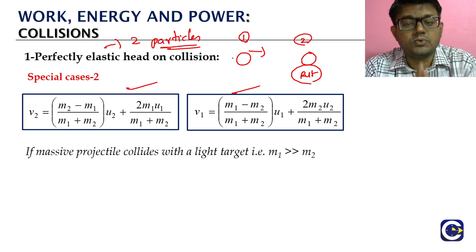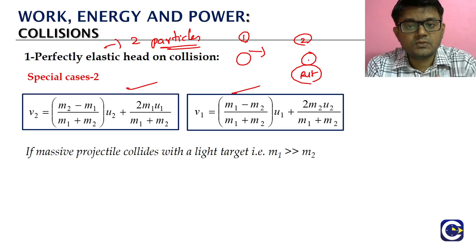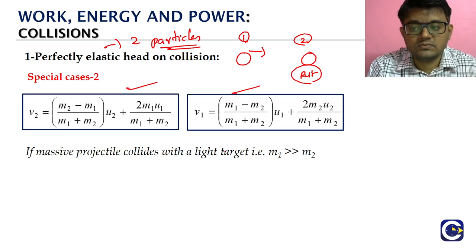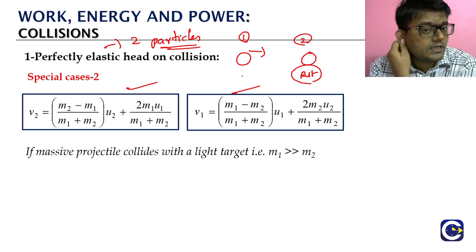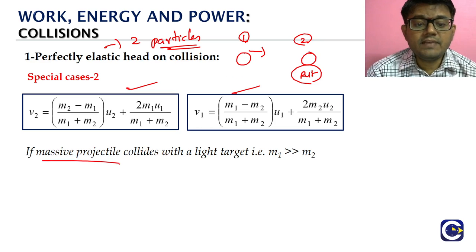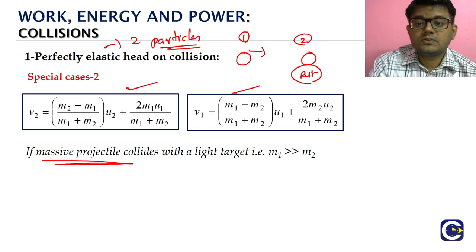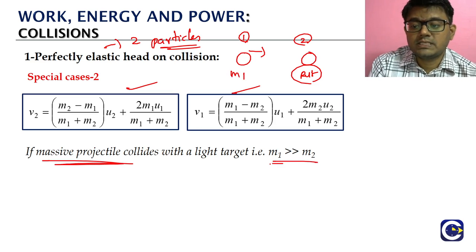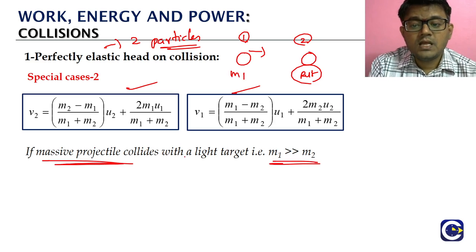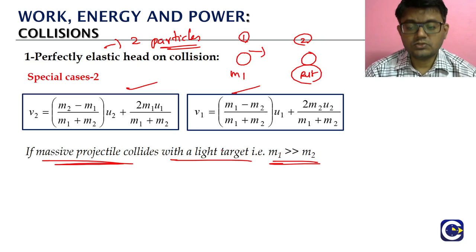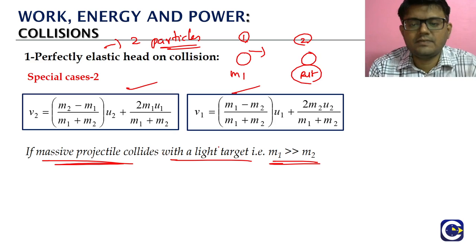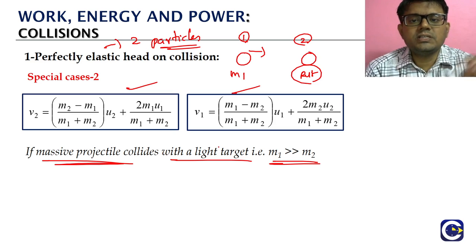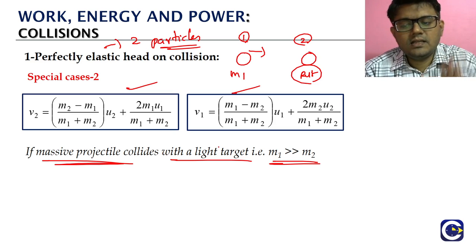Particle 1 is the one that is going to come and hit particle 2. Particle 2 will be called the target. Now, consider a scenario where our projectile is the heavier one, a massive projectile. So the mass M1 will be much higher in comparison to M2, and the target is a lighter one. The target does not always have to be at rest; it may be moving slowly. That is a very common way of using these words, projectile and target.